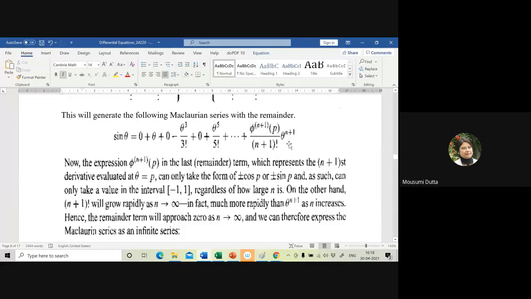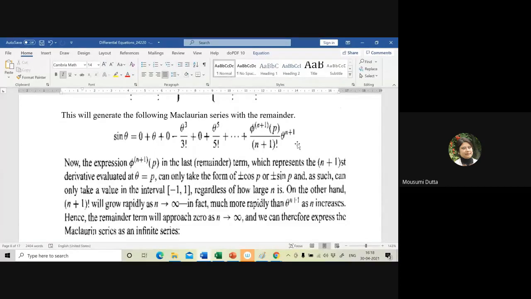On the other hand, theta to the power n plus 1 will grow as n tends to infinity, but n plus 1 factorial in the denominator will increase more rapidly compared to theta to the power n plus 1.